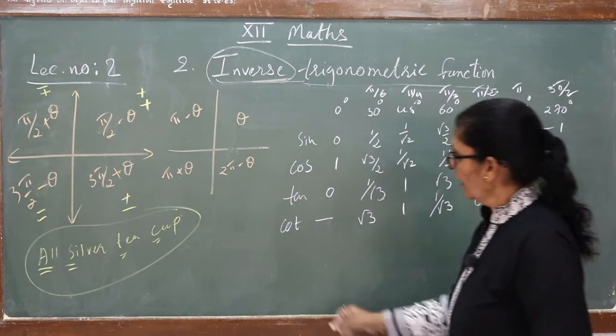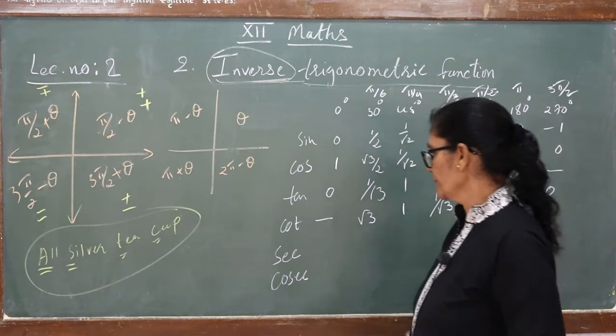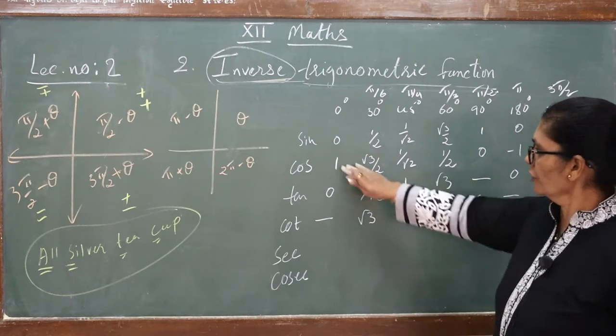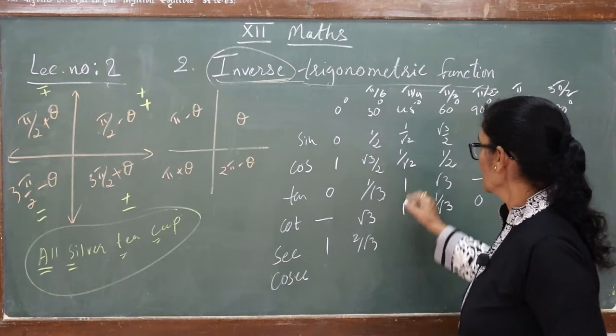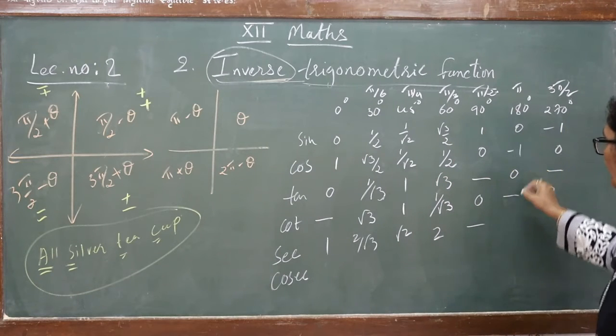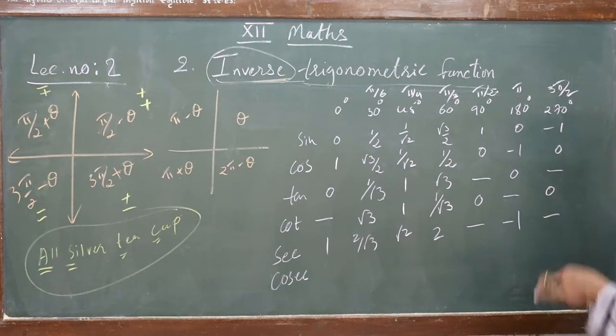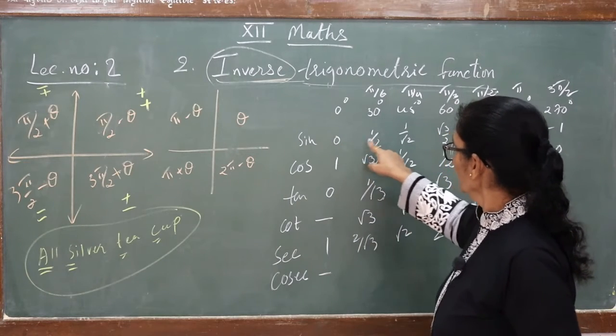Now same way let's write for sec, and last for cosec. Sec means reciprocal of cos. So 1 as it is, then reciprocal of cos each time, not defined, and not defined. Same way reciprocal of sine, not defined, 1 upon 0.